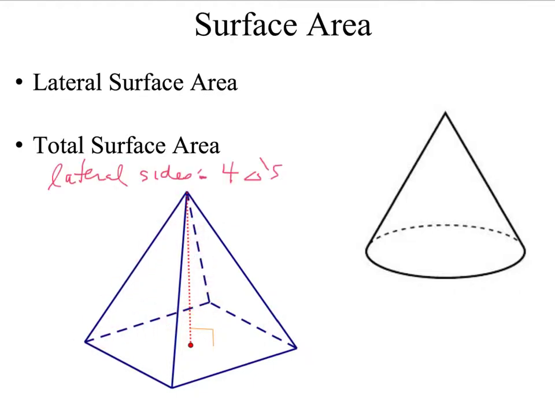So 4 triangles for the lateral sides, 1 for each side of the base. If my base has 4 sides, there are 4 triangles formed in this pyramid.